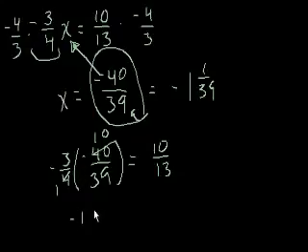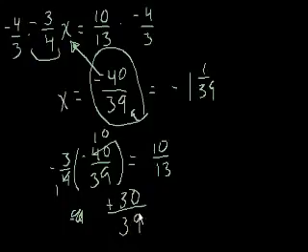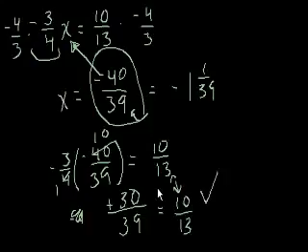So it actually becomes plus 30, because we have a minus times a minus, and 3 times 10, over the 4 is now 1, so all we have left is 39. And 30 over 39, if we divide the top and the bottom by 3, we get 10 over 13, which is the same thing as what the equation said we would get, so we know that we got the right answer. Let's do one more problem.